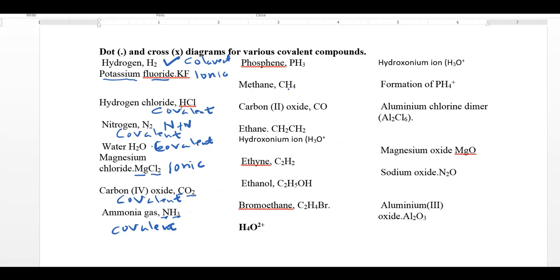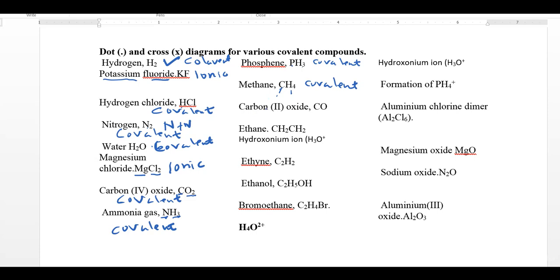Methane, non-metal, covalent. Phosphine: phosphorus number 15, hydrogen number 1, both non-metals, covalent. Carbon 2 oxide is the only one that will undergo dative. It will start by undergoing covalent, then finally finish with dative.